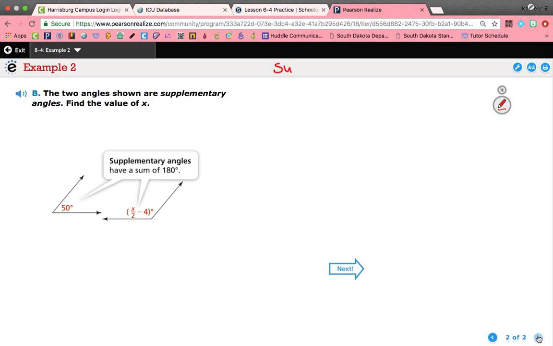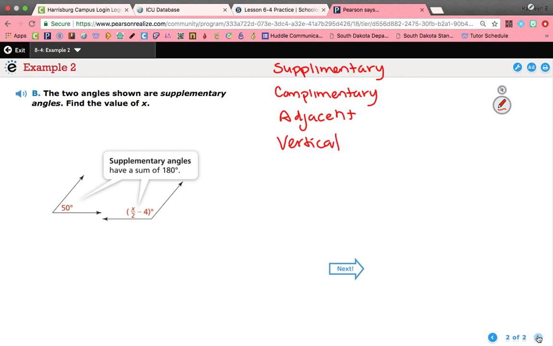So we have supplementary, complementary, adjacent, and vertical. We have those four things so far.